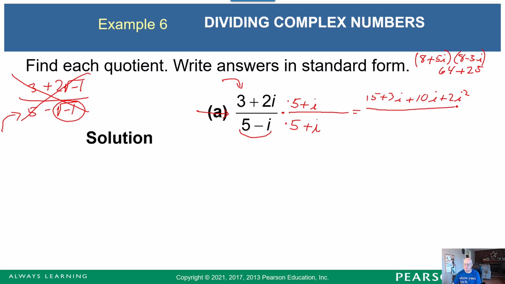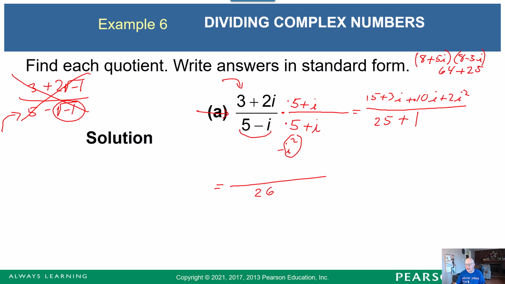On the bottom, the easy part. 5 squared is 25 plus 1, because we have minus i squared, but this i squared is a minus 1. So we get a plus 1. So bringing that down here, on the bottom, we've got 26. Done for the time being.